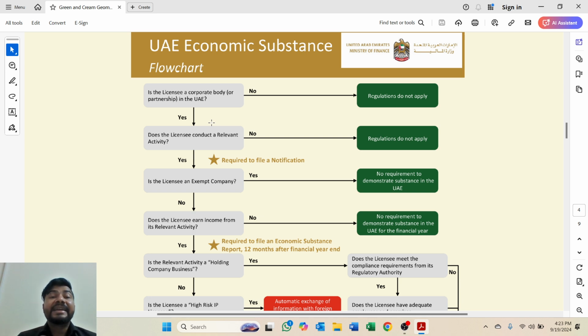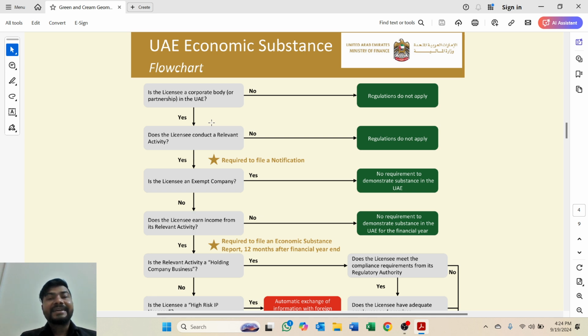If yes, in that case these licensees have to file a notification form to the regulatory authority. Now in the notification form, if you fall under the exempt category, you can apply for the exemption. Not after that, but before that you have to file the notification form. Now after filing the notification form, we will analyze whether the licensee is an exempt company or not.